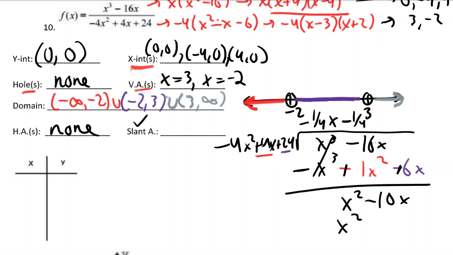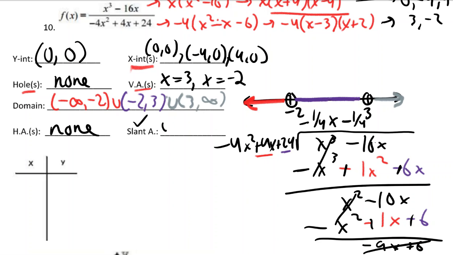Alright, then technically you need to multiply it to this, and this. Change the signs and add. However, I could tell that this was going to be the remainder anyway, and the remainder is important sometimes in mathematics, but for slant asymptotes it's not, because it will just be whatever the quotient is.